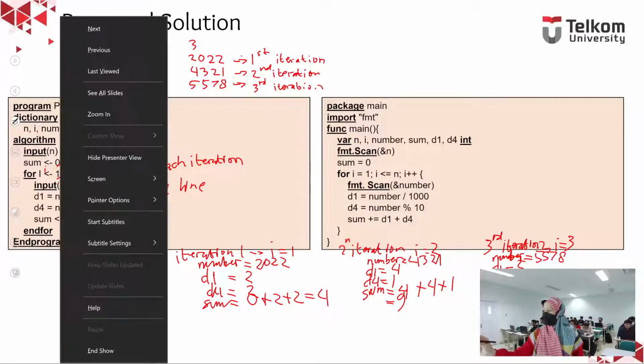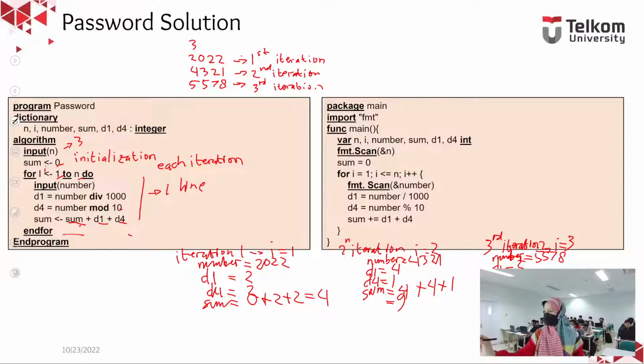Yes. So actually after the end of the for you have to write output sum. Otherwise the sum value won't appear on the screen, right? Also this is after the for block, okay?